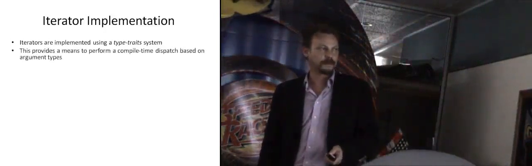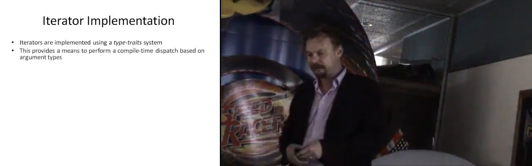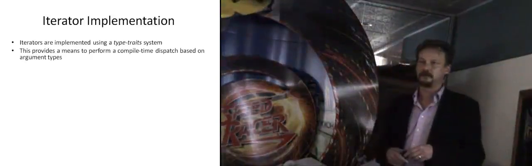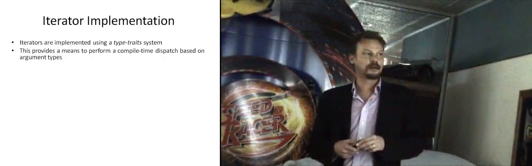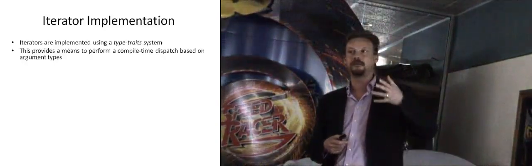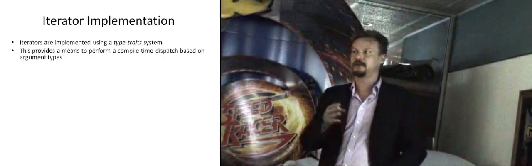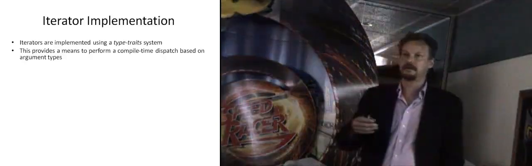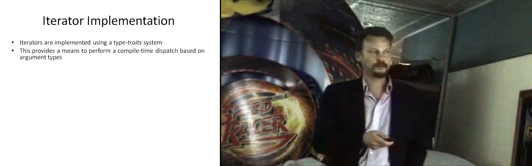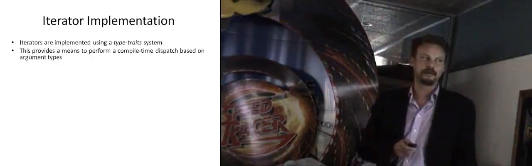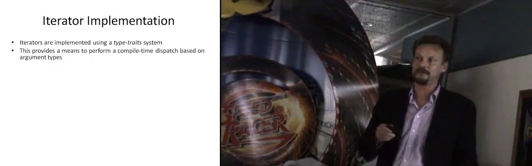Type traits provide a means, it's basically a pattern matching system, which enables you to do various levels of conditional compilation. So you do a compile time dispatch. You can do almost something similar to if-then.